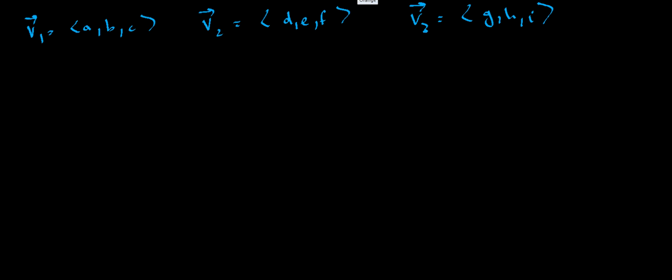These 3 vectors over here define a parallelepiped. In case you don't know what a parallelepiped is, think of it this way. In 2D, if you have a square, in 3D it becomes a cube. In 2D, if you have a parallelogram, in 3D you have a parallelepiped.